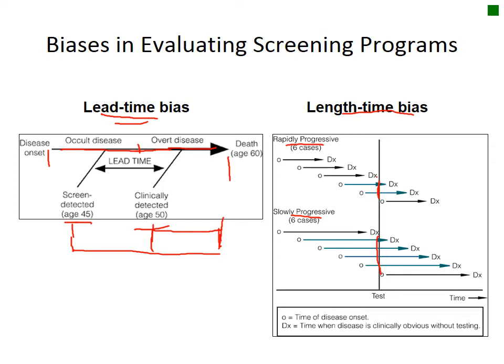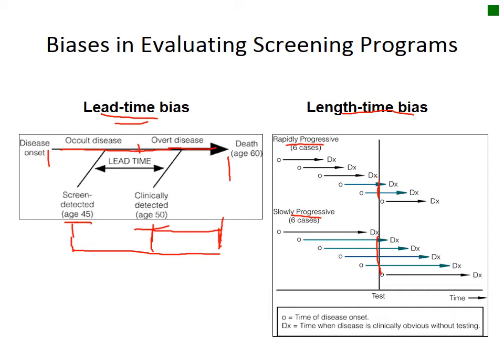Depending on the disease, if a disease is slowly progressing versus rapidly progressing, we can see that in a very rapidly progressing disease, during the time of the test, we're basically detecting only 2 cases, versus a slowly progressing disease where in the 6 cases, we're detecting at least twice as many people who are going to be detected for a particular disease or screened for a disease.